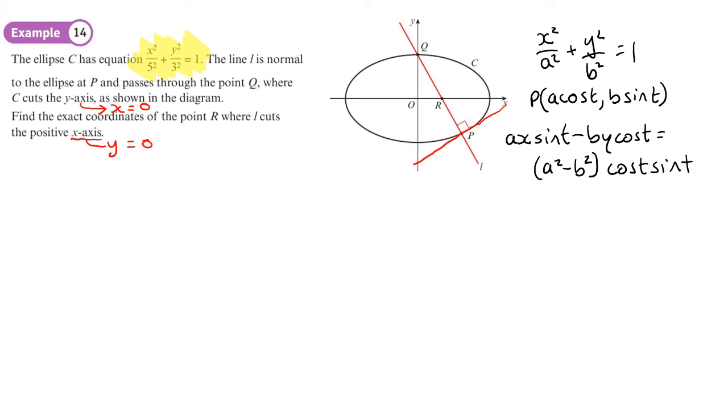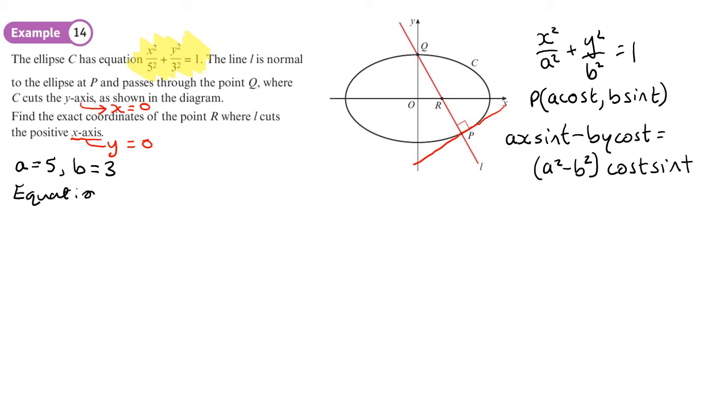Now it's not in the formula book, so if you're going to quote it and use it, you would need to memorize it. So the first thing we're going to do is write down the values of a and b. So a would be 5, b would be 3. These can be slotted straight into the formula for the normal, so equation of normal.